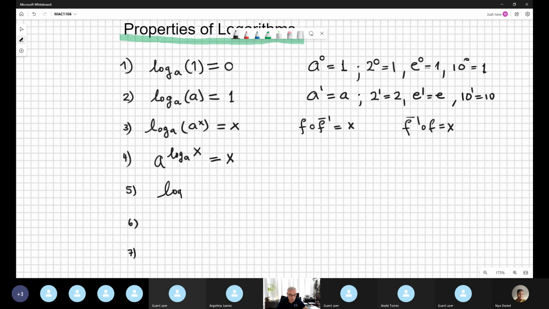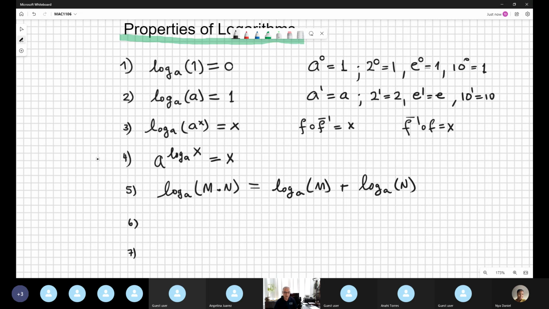Logarithm base A of, inside the argument, you have two things, maybe expression or number. I call them m times n. You can expand into logarithm base A of m plus logarithm base A of n.